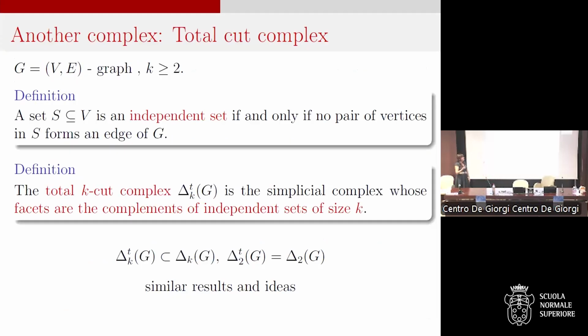Okay, there is also another complex that we worked on, because you remember when I started, our motivation started from delta 2. So we wanted to take out n minus 2 vertices such that those 2 points remain disconnected, right? And we generalized that to k vertices remaining disconnected.